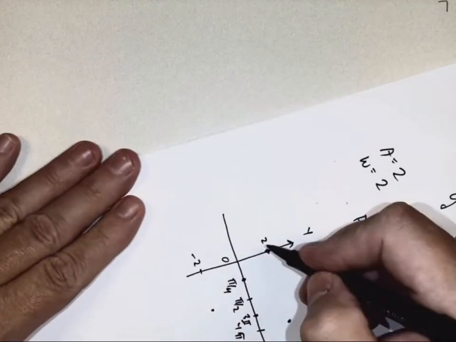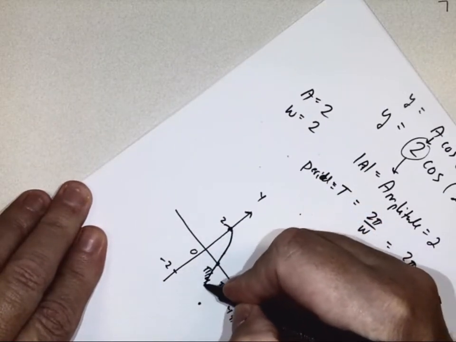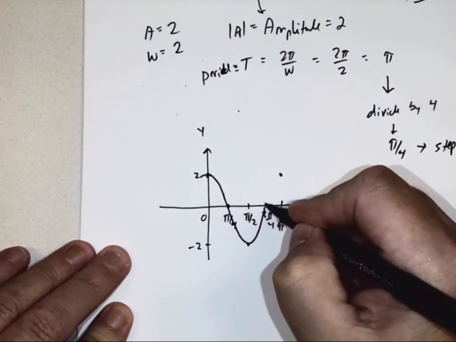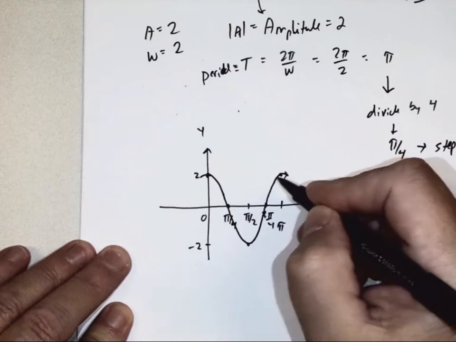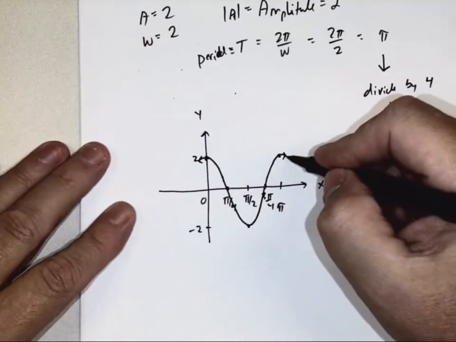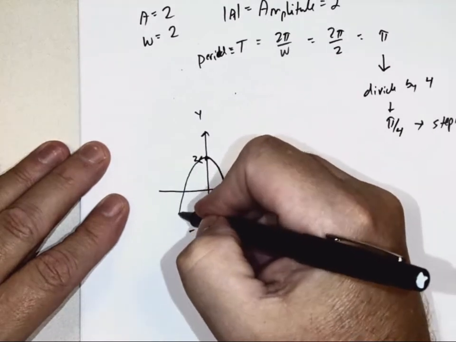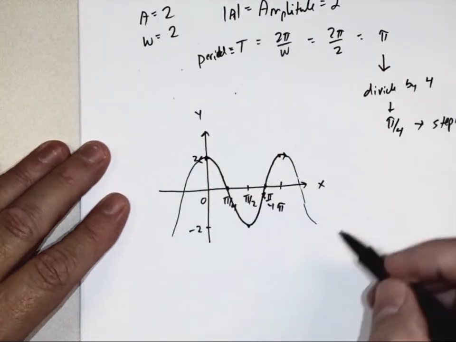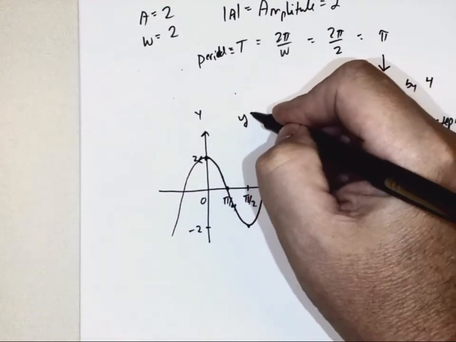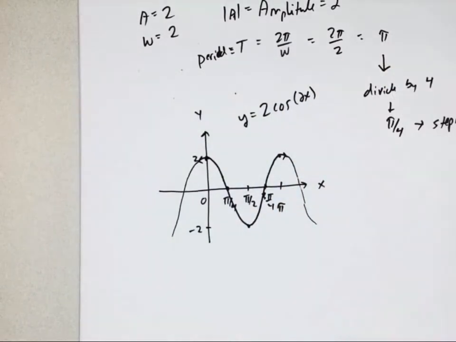And if I were to connect these, now if I wanted to, I could keep this going on. It keeps repeating, but this is adequate. This is the graph of y equals 2 cosine of 2x.